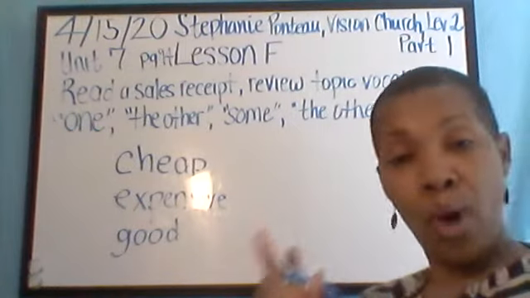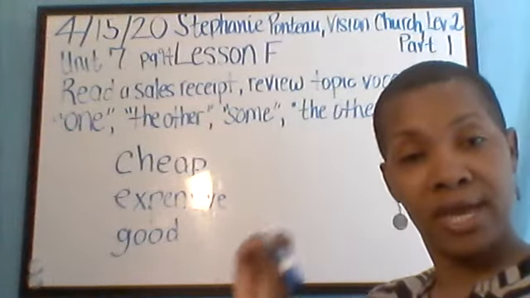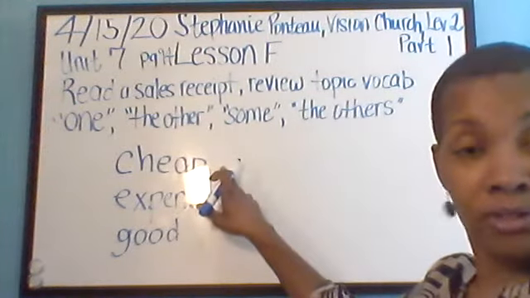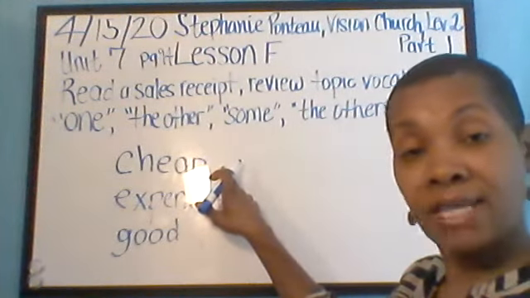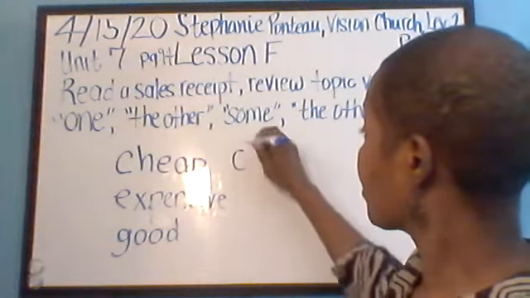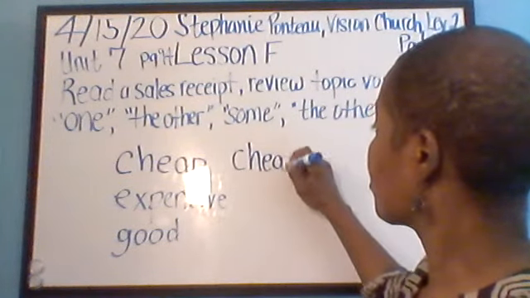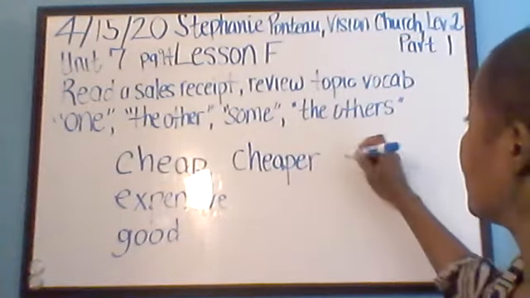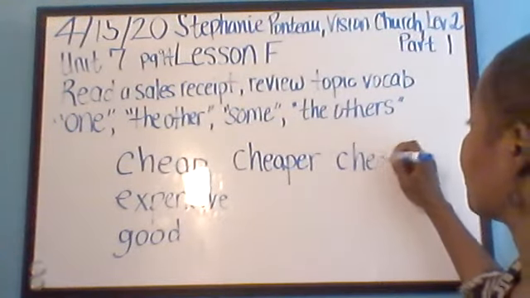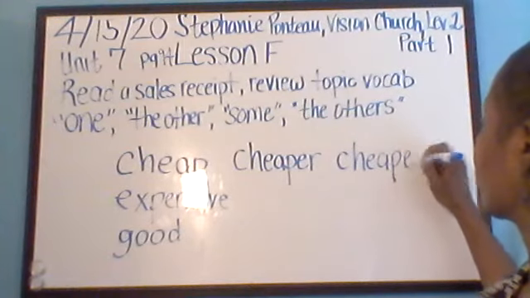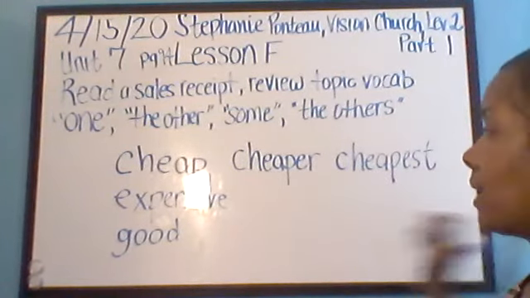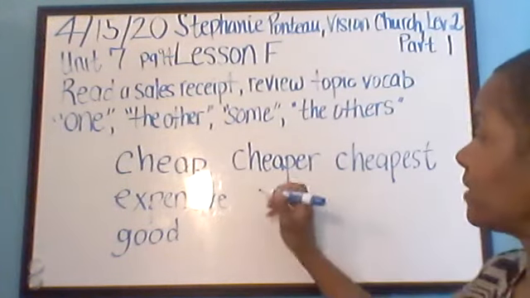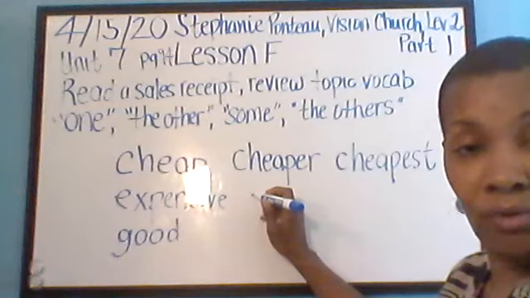So you know what? Why don't we just do the comparative and the superlative just as a quick review? Cheap, what's the comparative form of it? You add ER. Cheaper. And the superlative form of cheap is cheapest. Okay? Expensive. The comparative form of expensive is expensiver, right?